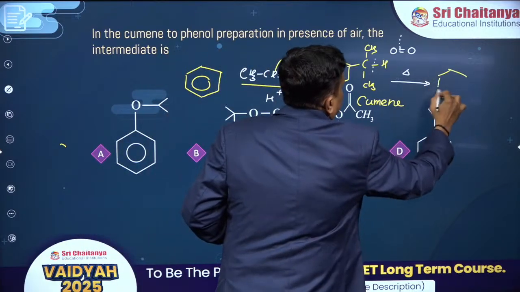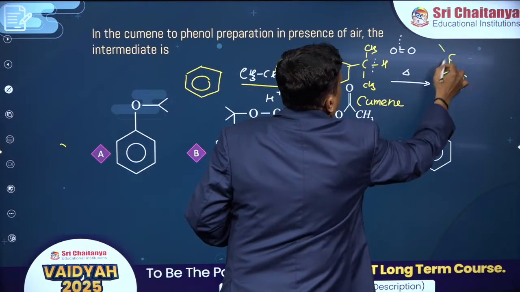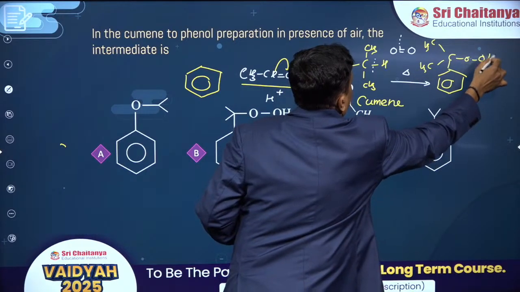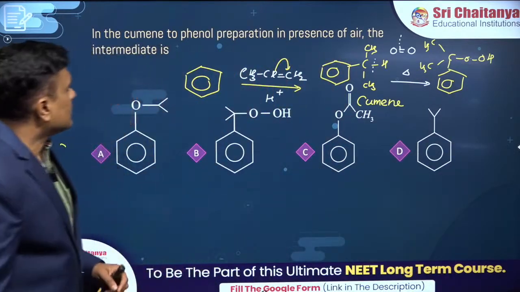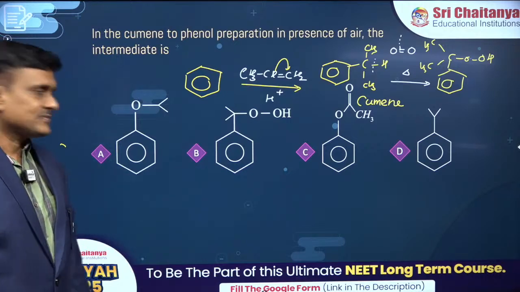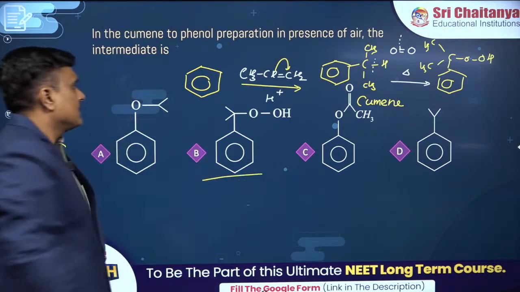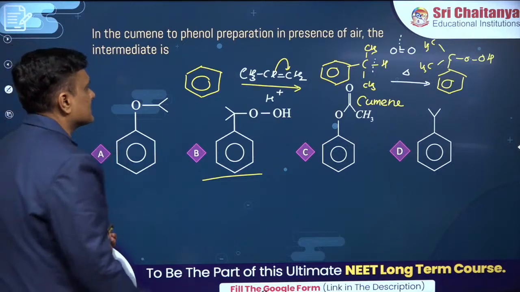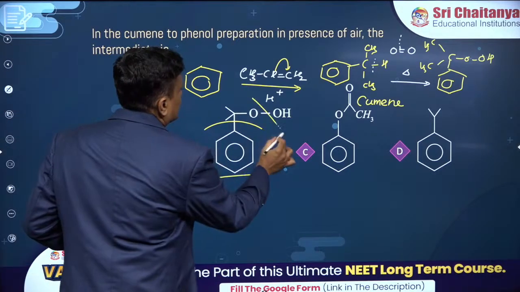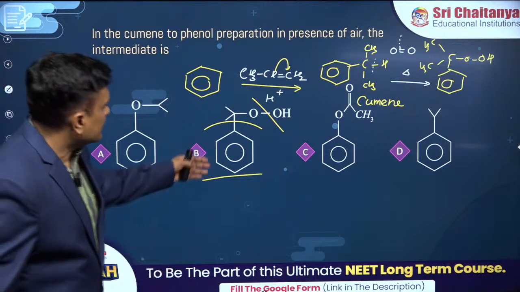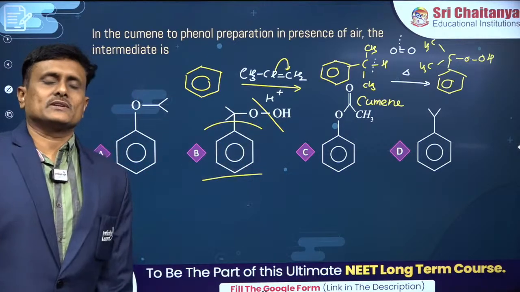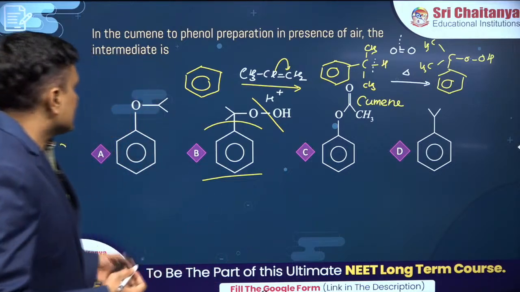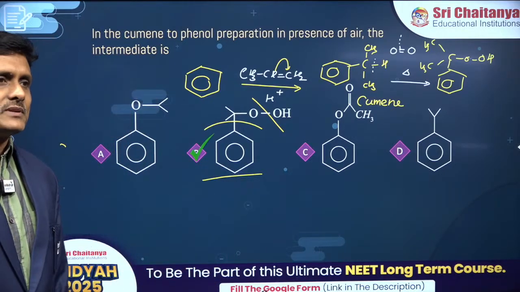That means you will be getting 2 methyl groups along with OOH. So this is the starting compound of the reaction. You guys can see that it is present right here, right? Now this will undergo subsequent rearrangement to give you ultimately the desired product, that is nothing but phenol. Benzene will attach with OH and acetone gets separated. So this is the cumene hydroperoxide method, and the answer is option B.